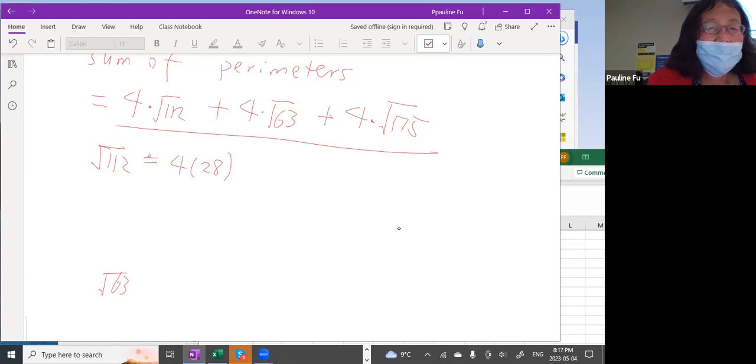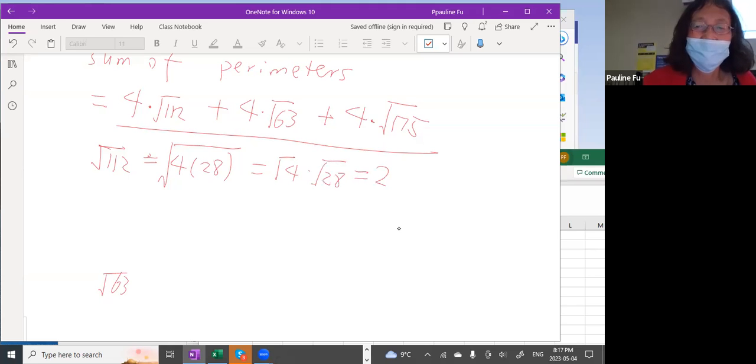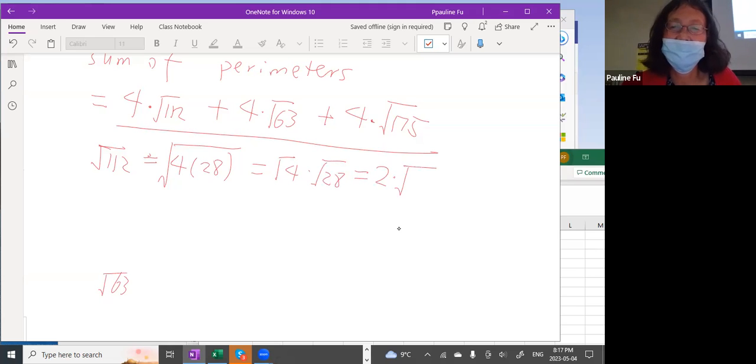So 112 equals 4 times 28. Is this correct? Yeah, it is correct. And then it is equal to square root of 4 times square root of 28. Square root of 4 is 2. Then 28, I continue. 28 equals 4 times 7.